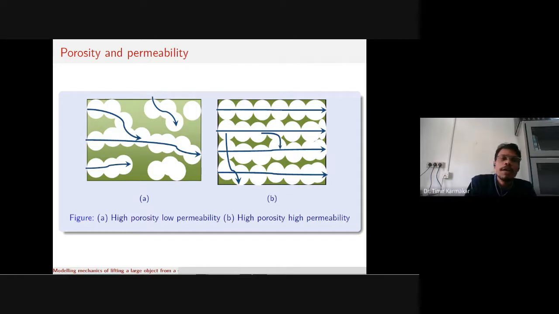These are the two important factors that impact this breakout phenomenon, lifting the object from the seabed. If we have a primary idea about the porosity and permeability of the seabed, it will help us very much to get an idea about the breakout force and breakout time. I will talk about this in the forthcoming slides.